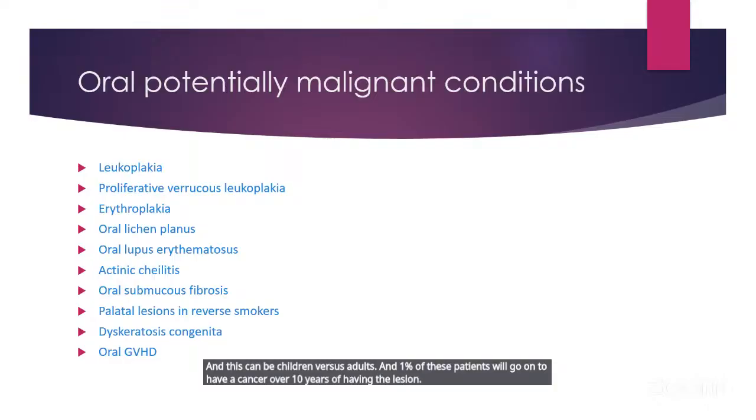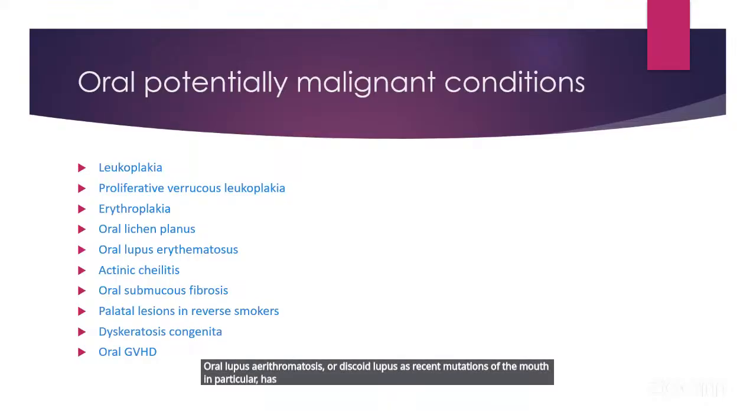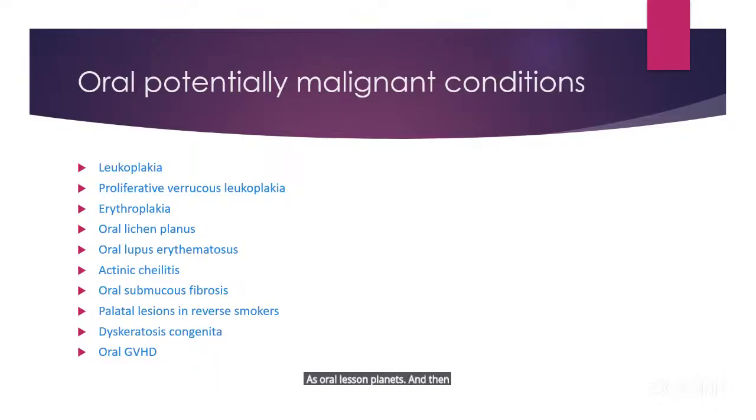Oral lupus erythematosus, or discoid lupus erythematosus of the mouth in particular, has a similar risk as oral lichen planus. And then lesions of the lips, such as actinic keratosis, and oral submucous fibrosis from betel quid use or barn use over time, are known to have increased risk of malignant change.